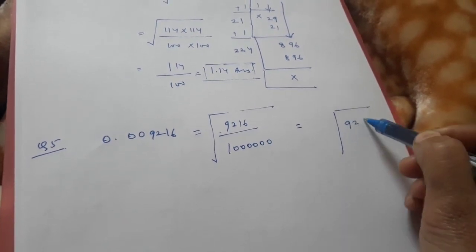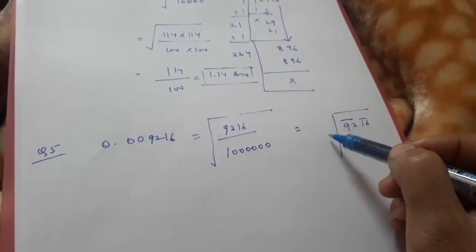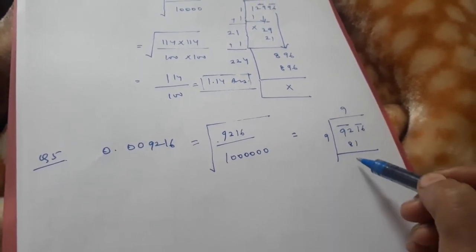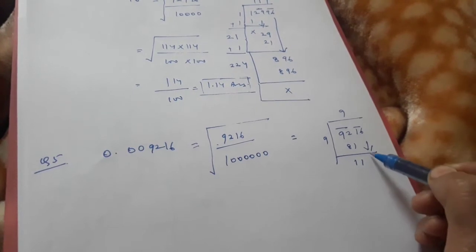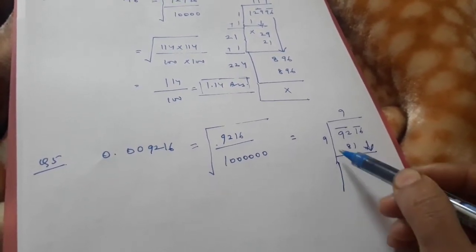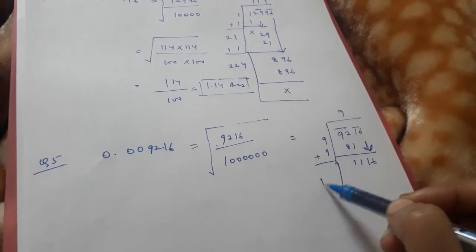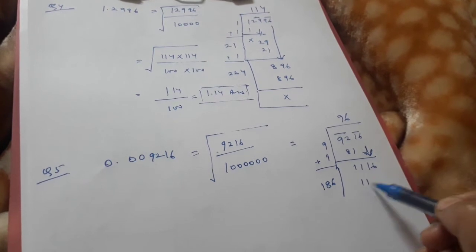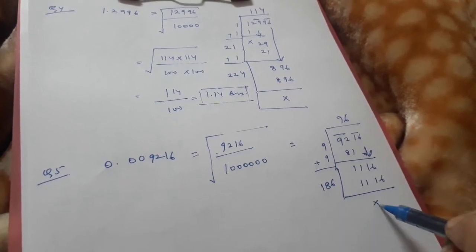So 9216. It will go by 9, 9 nines are 81. The remainder would be 11, and 16 will be brought down, and 9 twos are 18. So it will go by 6 only. So the number would become 1116.